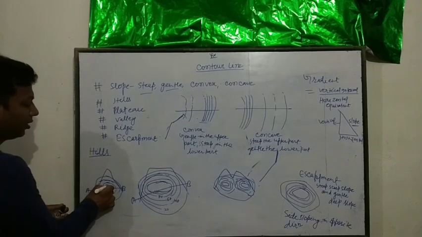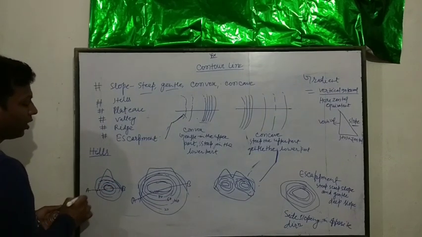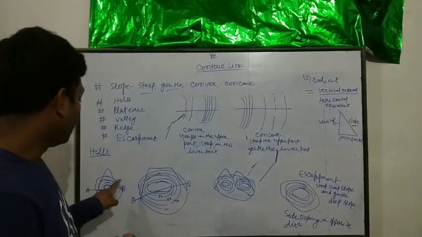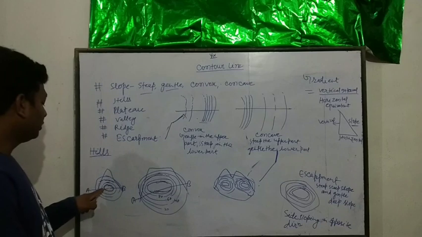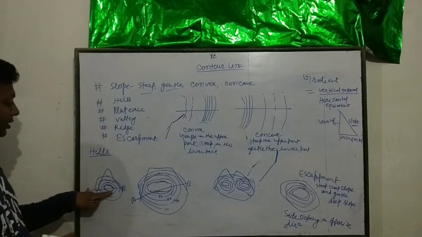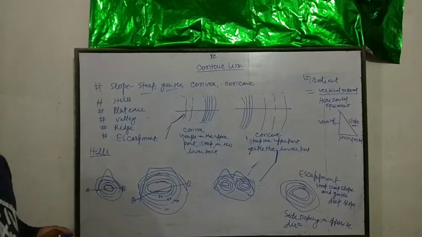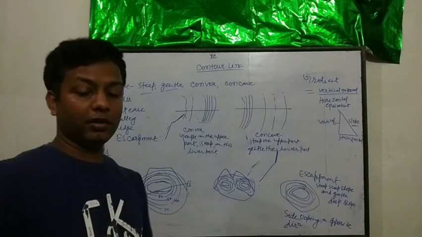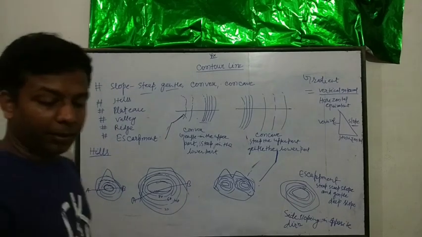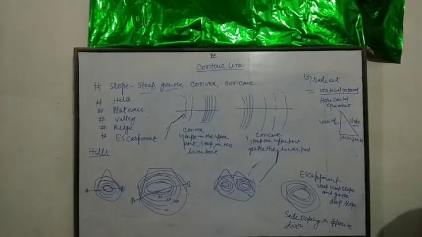In the very middle we have a very small contour line, and as we go far from this circle, it gets bigger. So like this we have a hill.